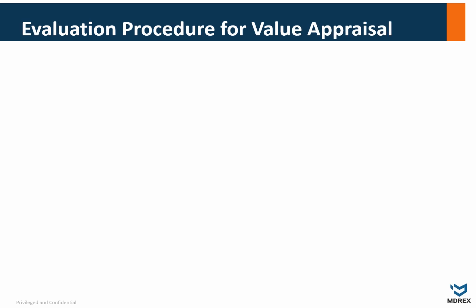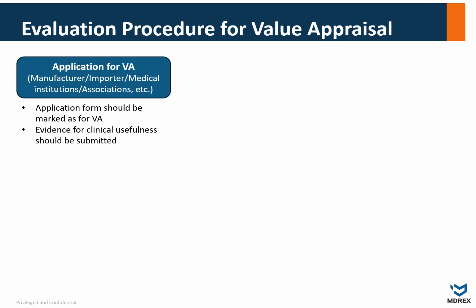So how is an application for VA reviewed? As explained in the previous slide, the application should be marked as for VA. Other than the evidences for the desired premium price, evidences for clinical usefulness also should be submitted.